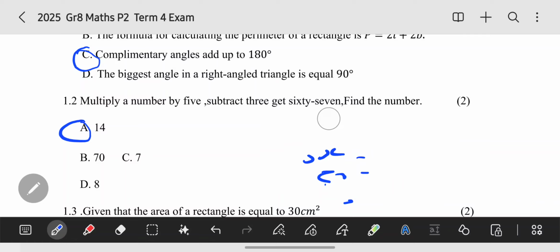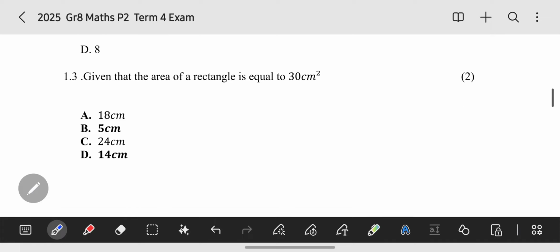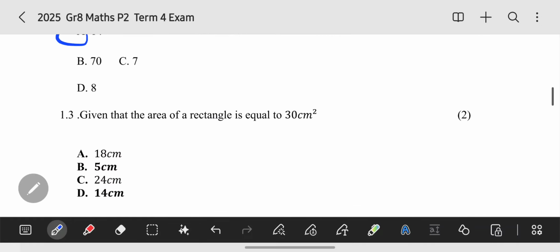We don't just pick any answer we feel is correct. We calculate first. Then it says, given the area of a rectangle is 30 centimeters squared, so I feel like there is an error here.